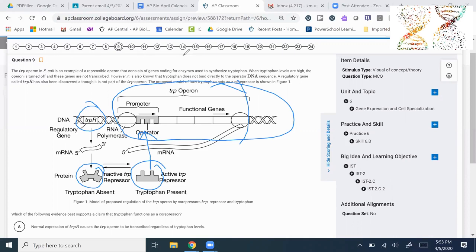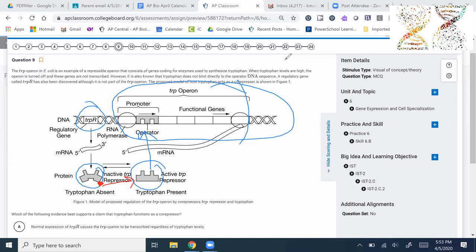It can be making tryptophan, but then if tryptophan is present, it binds. Remember, it could be something that would then bind. Once it binds here, then it would activate the repressor, then it could bind.